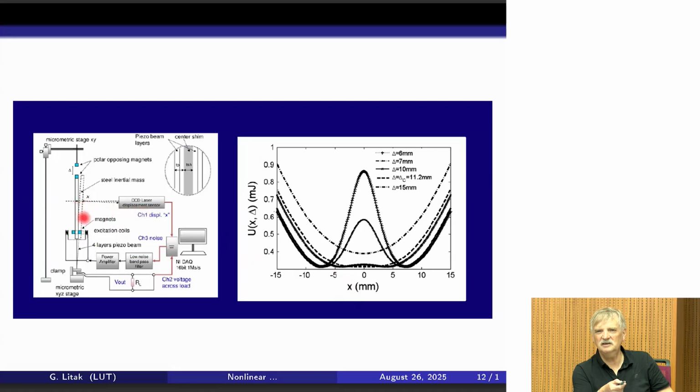So x is some point which is close to the end, and this is measured by laser. But in simulations, we usually assume that this is the tip point. However, here it is even written x. So x is placed here, and for each x, the potential energy of a beam is calculated.